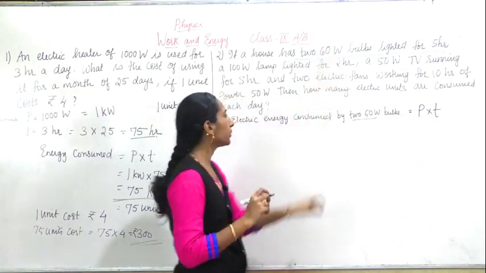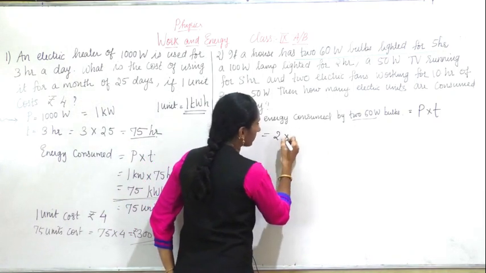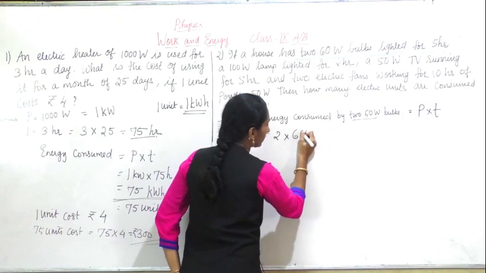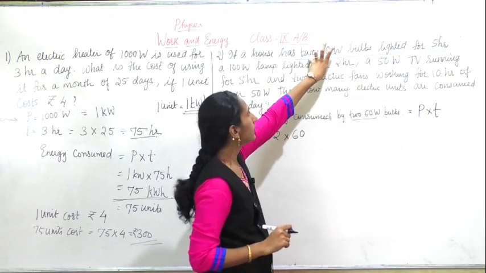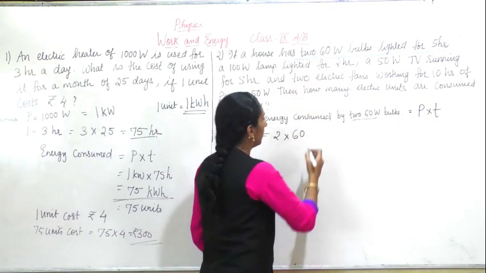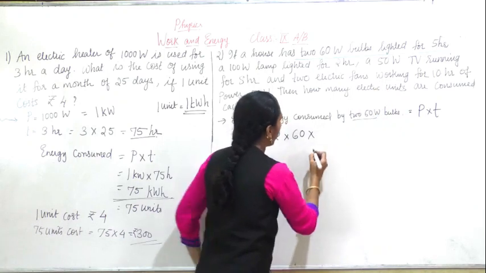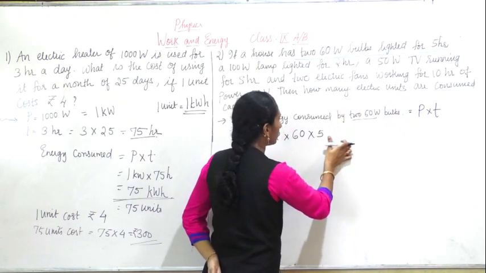As there are 2 bulbs of 60 watt, the formula will be 2 into 60. If only one bulb were there, you could take power as only 60, but here 2 bulbs are there, that's why I have multiplied it by 2. Time taken is 5 hours.